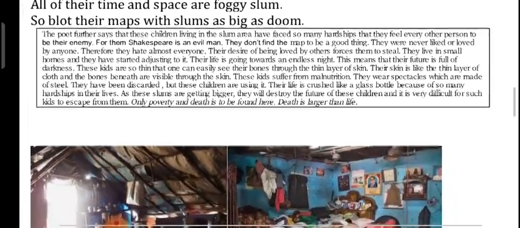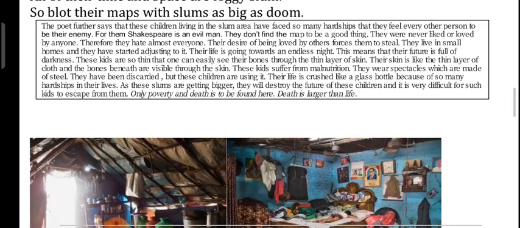So in the third stanza, the poet further says that these children living in the slum area have faced so many hardships that they feel every other person to be their enemy.